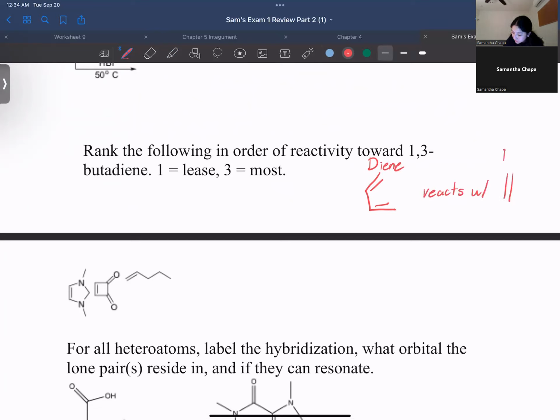What we should remember is that our dienophile is our electrophile in this reaction, and our diene is the nucleophile in the reaction. I was always really bad at understanding pretty much why this was, so this is just something I had to memorize. But just knowing these 2 facts, that one is electrophile and one is nucleophile, helps you understand what makes it more reactive or not.